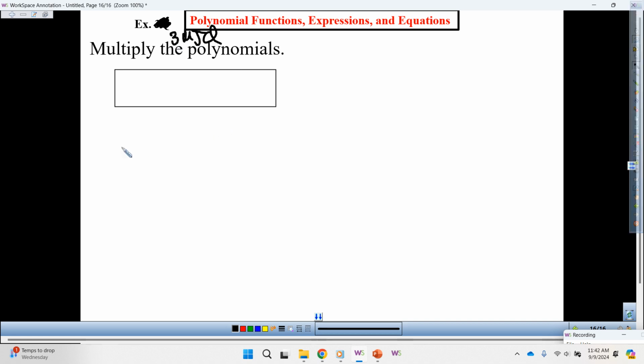All right, so we got parentheses 5x minus 2, and then we got 2x minus 7. Do that one either with the area model or distributive property, either one. Use the same process that we did for the previous one. El mismo proceso que el anterior.